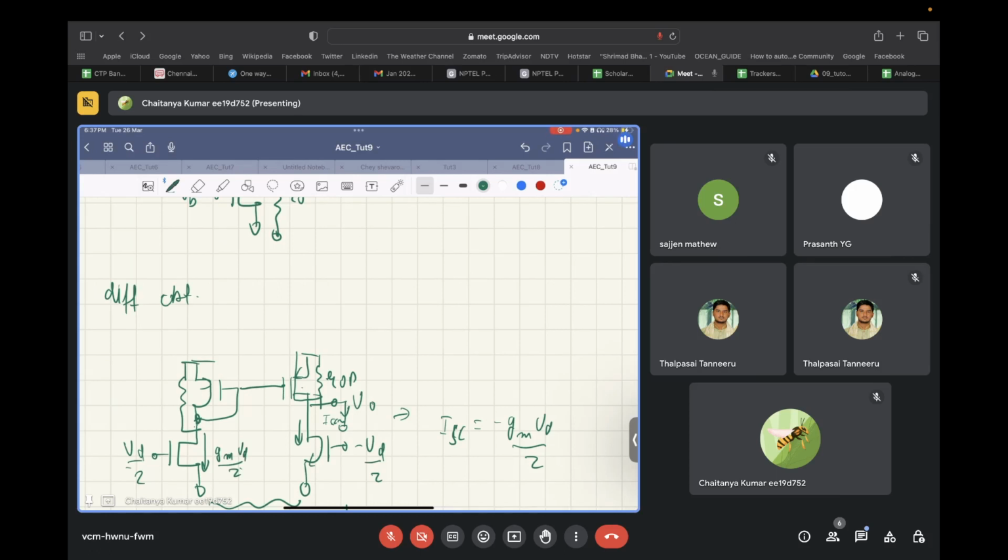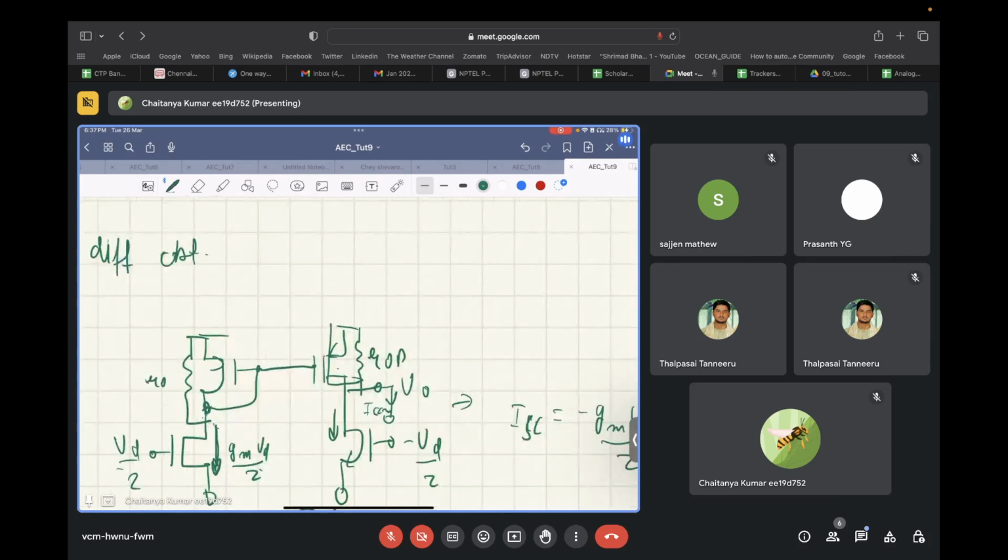So when this current is pulled from here, that current will be divided between ROP and the looking-in impedance over here. What is that impedance? 1 by GM, sir. So where will most of the current go?